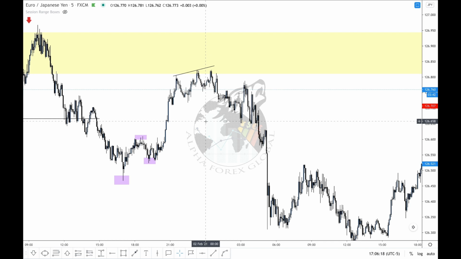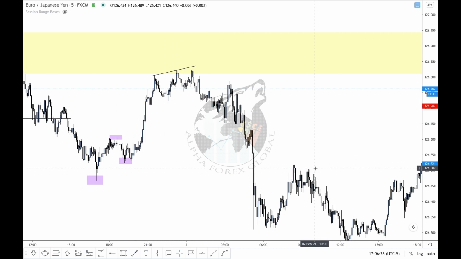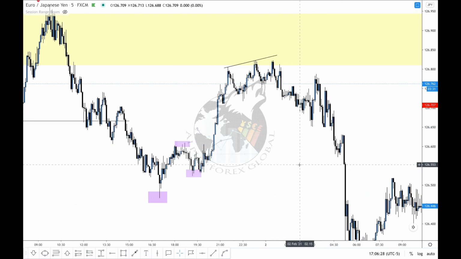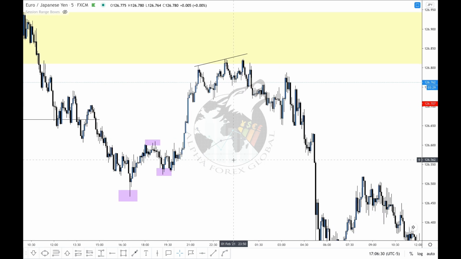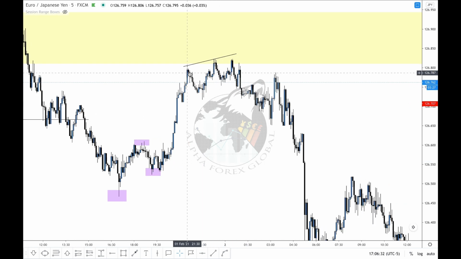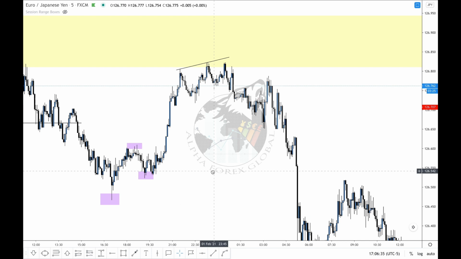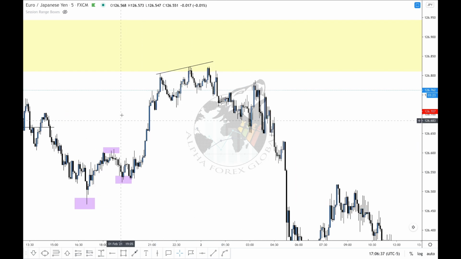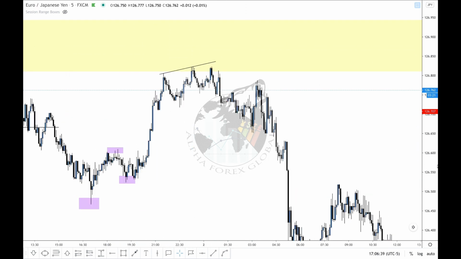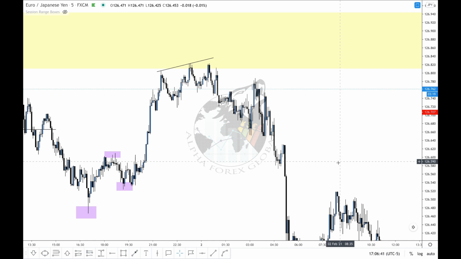But once you understand the logic behind it, you can always find that divergence. You can always find that schematic, right? And as I said before, I don't really use it because once I confirm my divergence, my break of structure, and the different time frame correlations, then the schematic is not necessary to me, right?